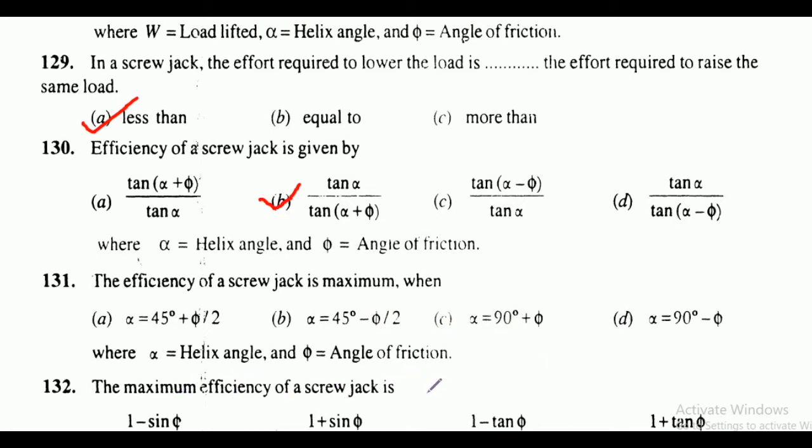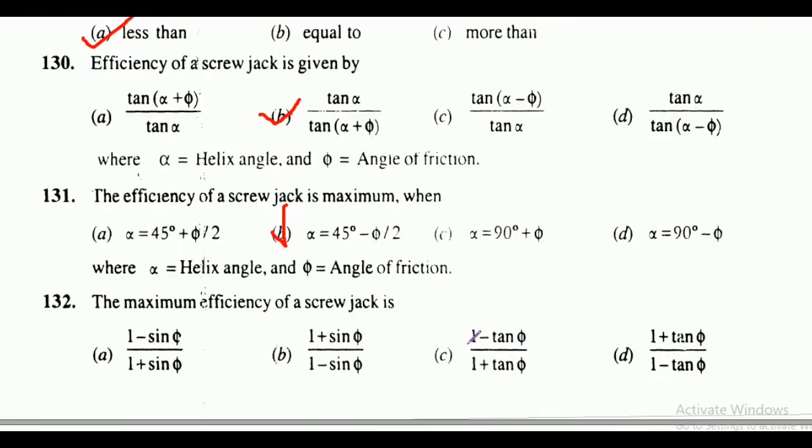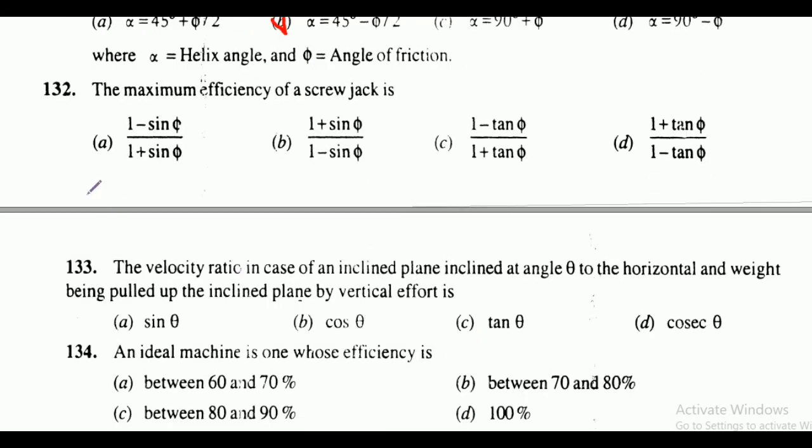Here correct answer is option B, that is alpha is equal to 45 degree minus phi upon 2. Okay, next is question 132. The maximum efficiency of a screw jack is, here friends, these are the options, and here correct answer is option A, that is 1 minus sine phi upon 1 plus sine phi.